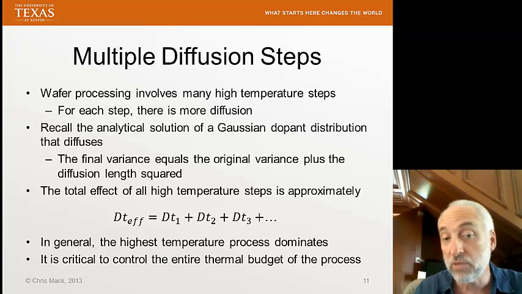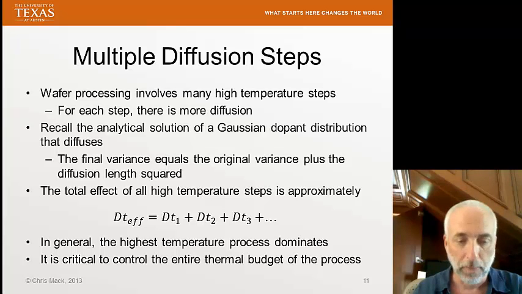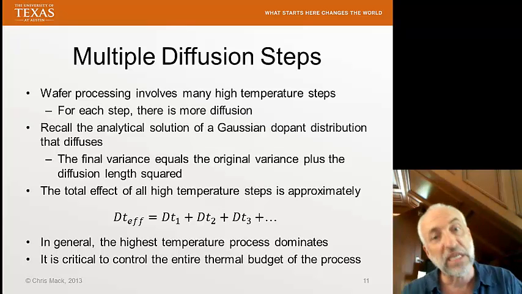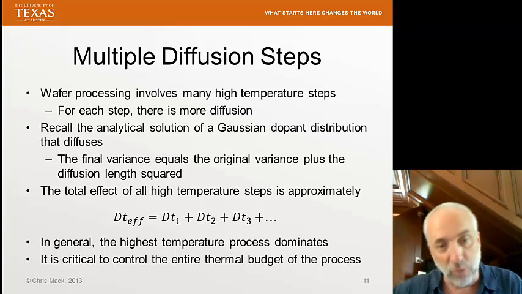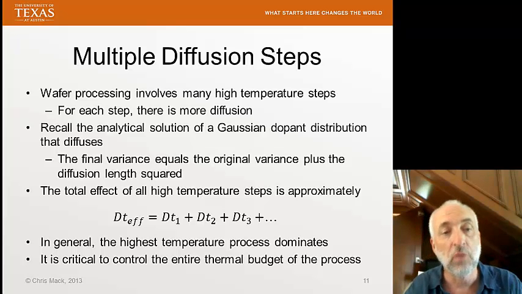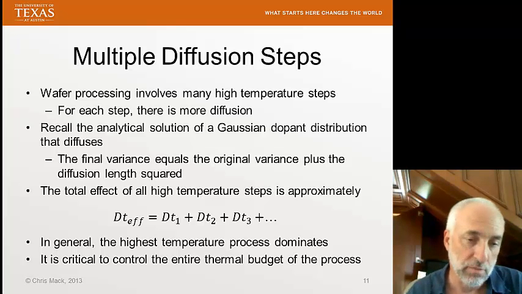And therefore it becomes critical to control the entire thermal budget of the process. From the moment I introduce a dopant, I have to keep track of all of the process steps that happen afterwards and think about where that dopant moves to when I'm done making the entire wafer, done with the whole process.